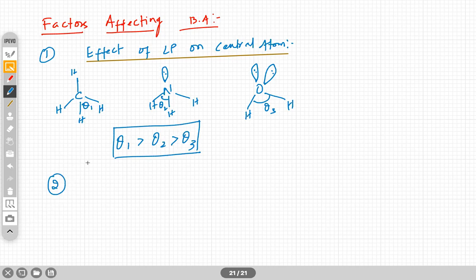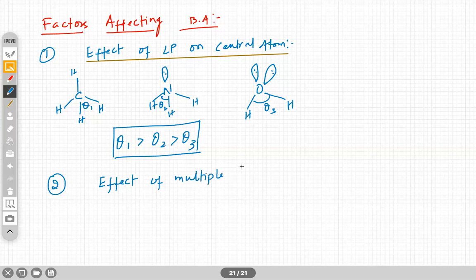Second one, effect of multiple bond. The multiple bond contains more charge and hence causes more repulsion.